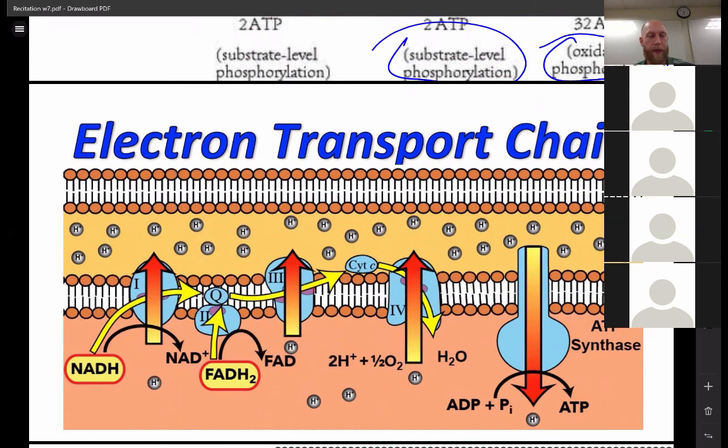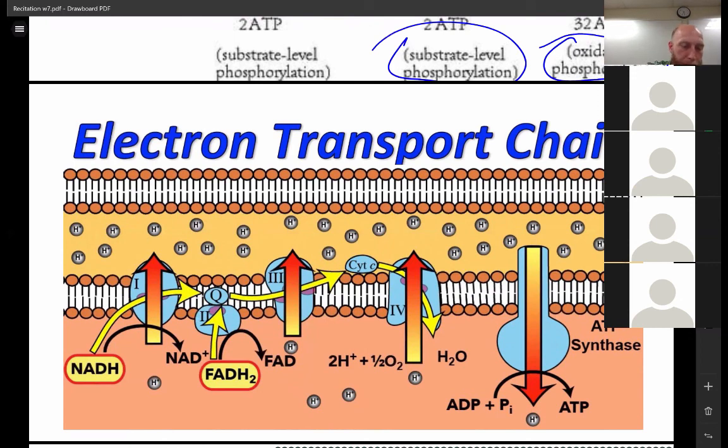So the main concept when it comes to the electron transport chain is the idea that we're using NADH and FADH2 and we're going to oxidize them back to their NAD plus and FAD forms. And then we're going to use that energy that we're getting out of them to pump protons across the membrane into the intermembrane space so that then we can use that gradient to produce our ATP.